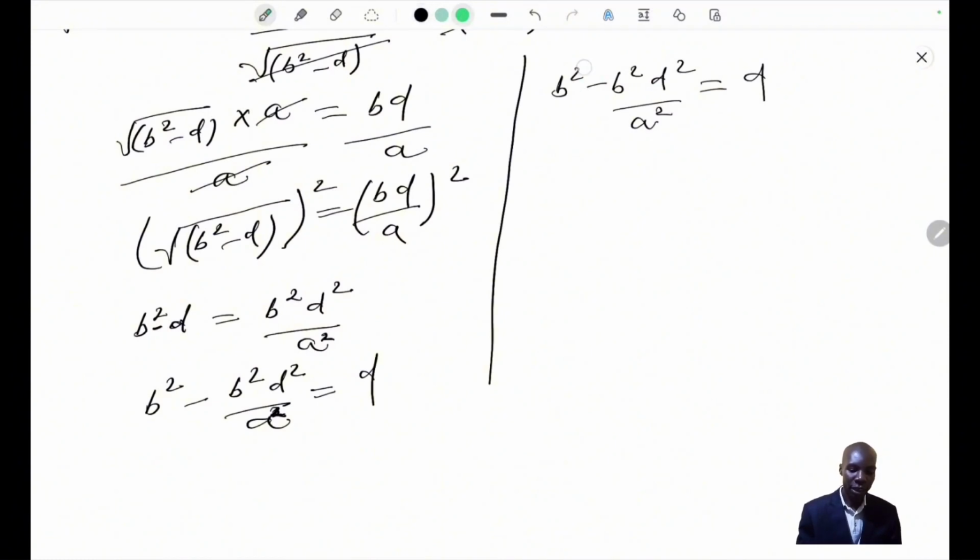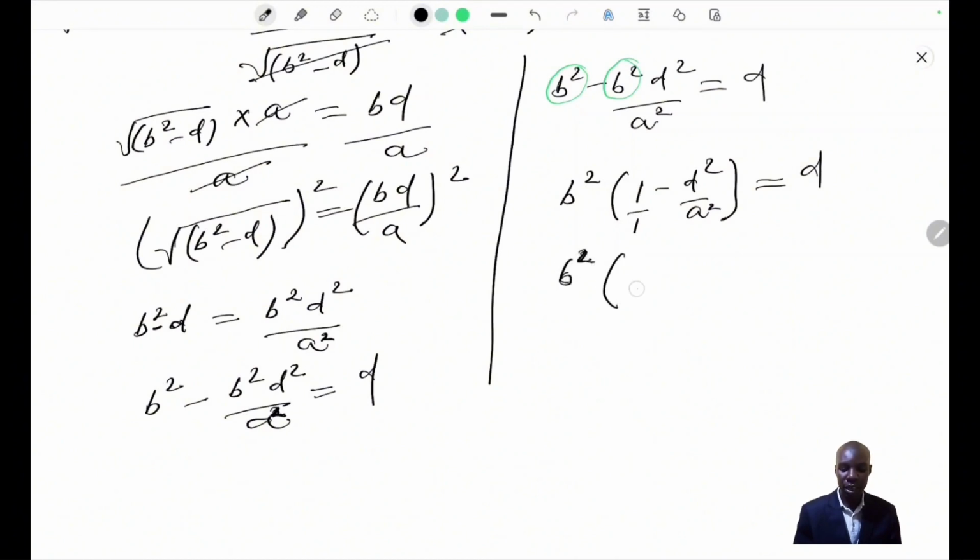So if you check, this one is common, b squared. So we'll have b squared in bracket 1 minus d squared over a squared equals d. Let's get the LCM in the bracket: the LCM there is a squared. So we'll have a squared minus d squared, which should give us d.